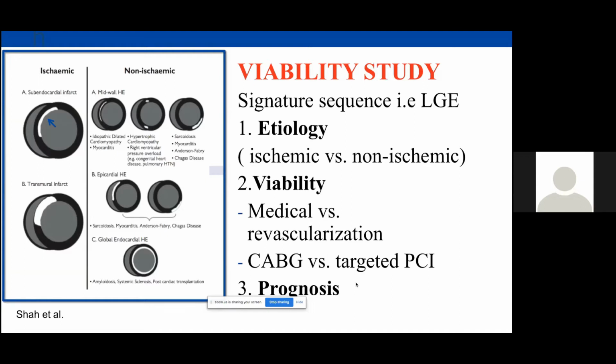Secondly, when a scar is due to an infarct, the scar thickness, which we also call the transmurality, will tell us whether the myocardial segment is viable or not. And the information on viability normally can help to guide the management strategy. And also, the presence and the extent of the scar burden invariably will tell us about the patient prognosis.